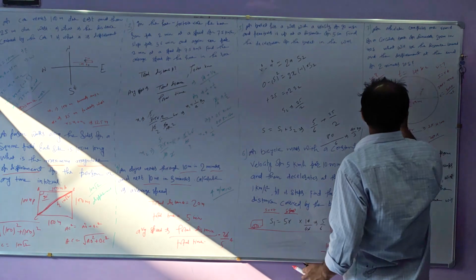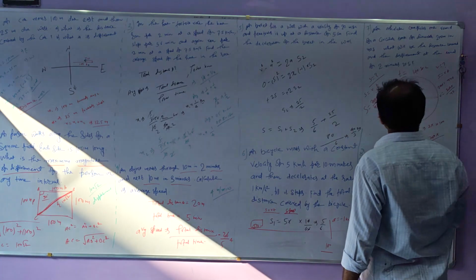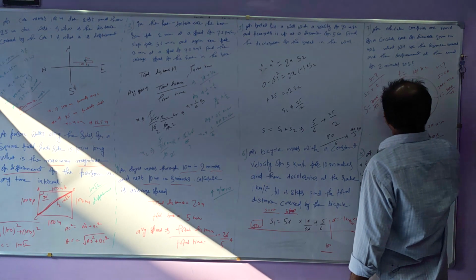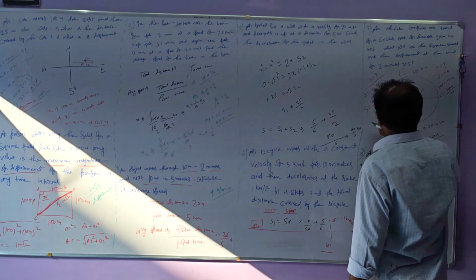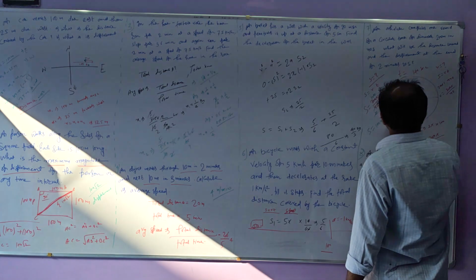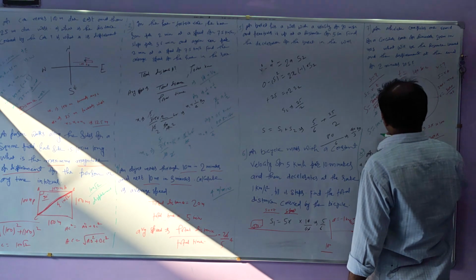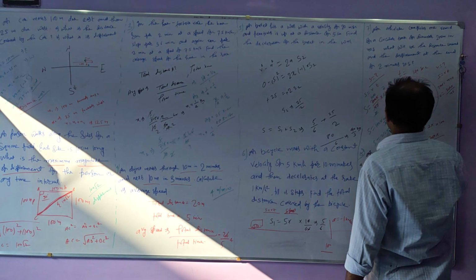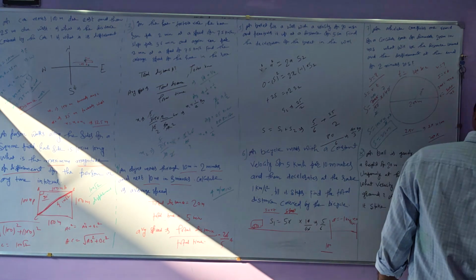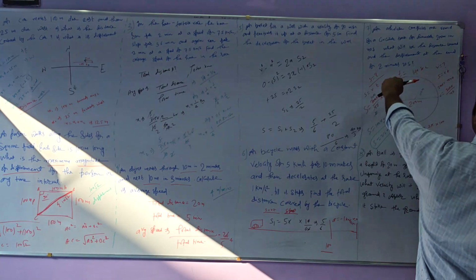So we cancel out. S is equal to 100 upon 7 into 7, S is equal to 2200 meter.